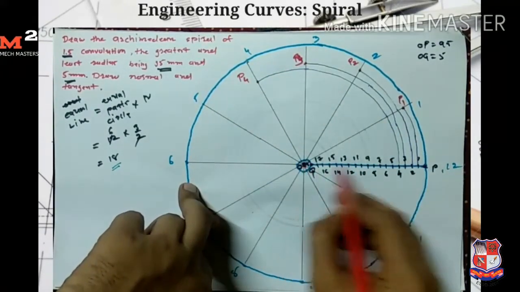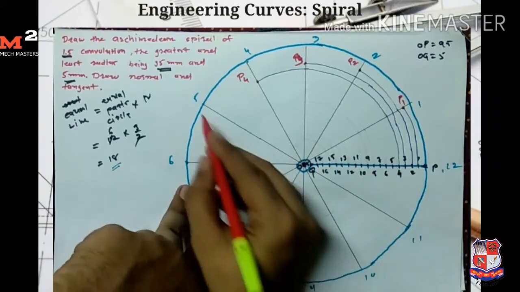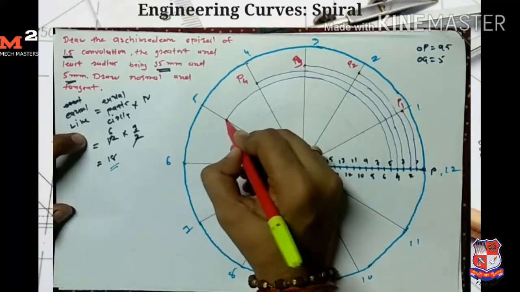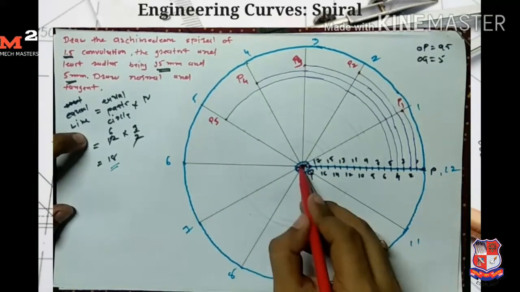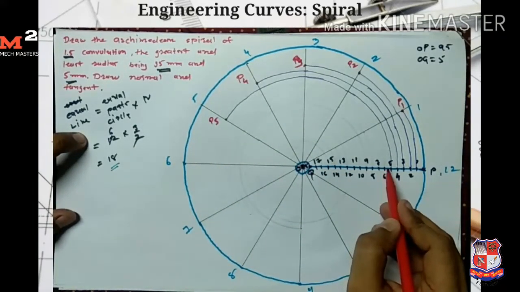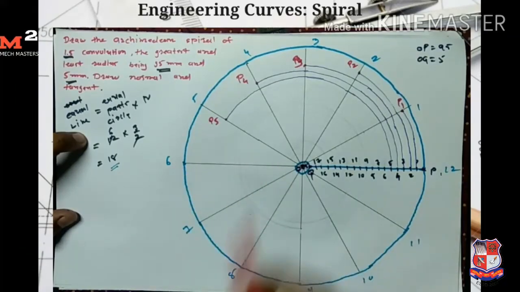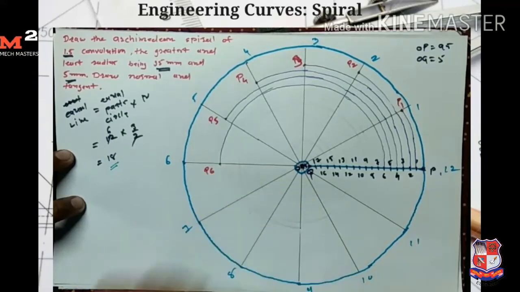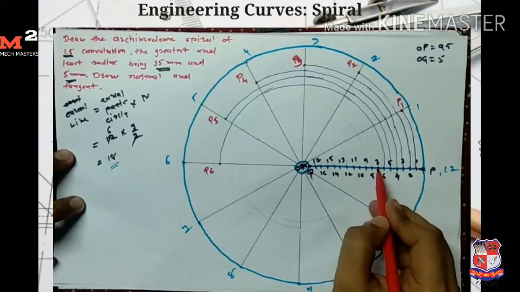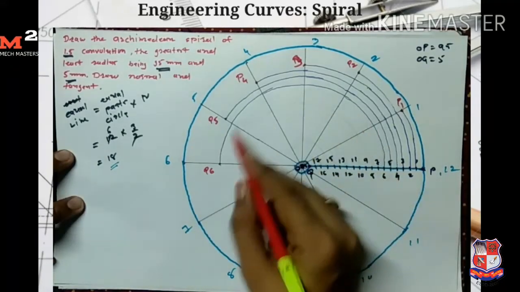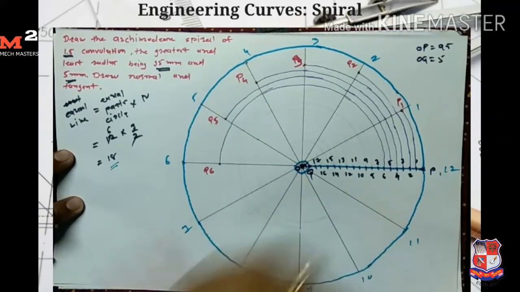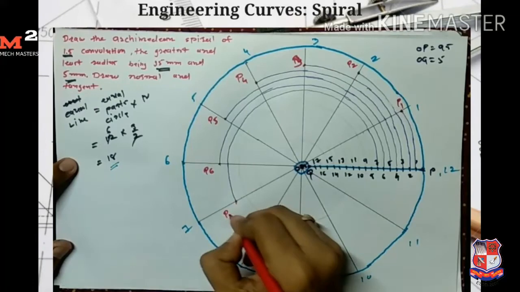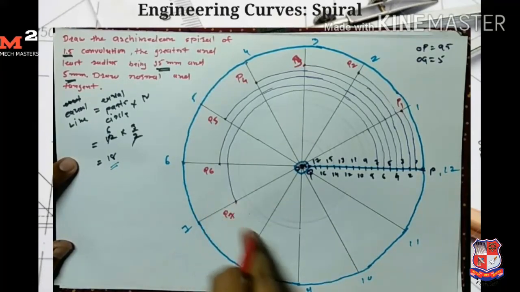Now I take O5 as a radius and draw an arc which intersects the line O5, so I get my P5 point here. Now I take O6 as a radius and draw an arc which intersects the line O6, so I get my P6 point here. Now I take O7 as a radius and draw the arc which intersects the line O7, so I get my P7 point here. Similarly I get all the points.